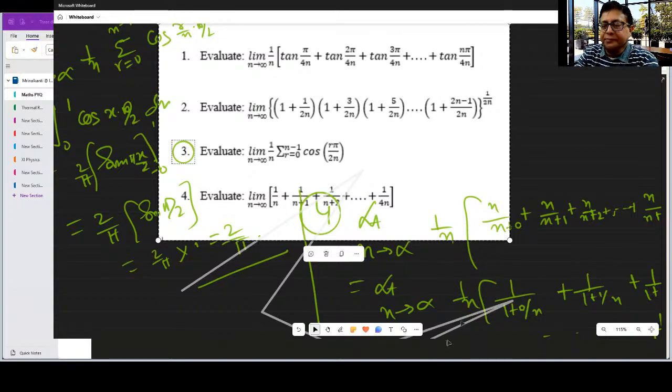To solve this one, sorry, just a minute.